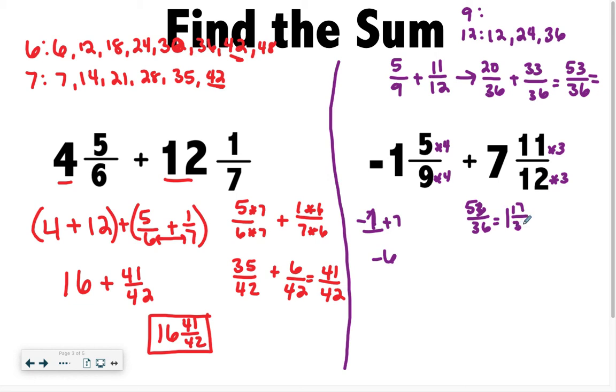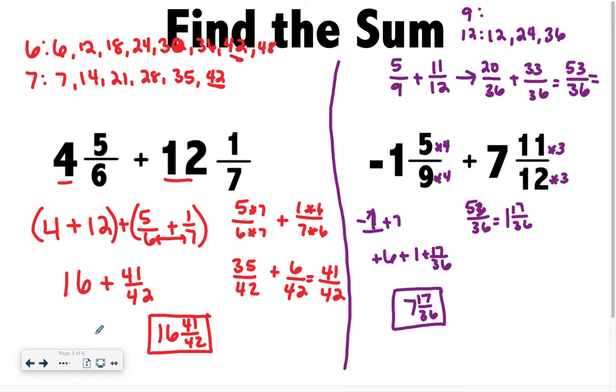And the way I got that 17 was I did 53 minus 36. Okay, so I have negative, that'd be a positive 6, plus 1 plus 17 36ths. So I have 7 and 17 36ths as a final answer.